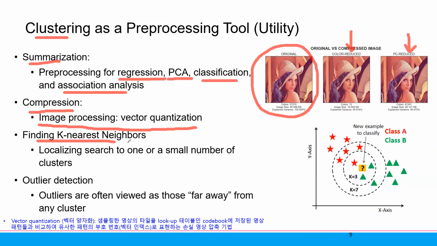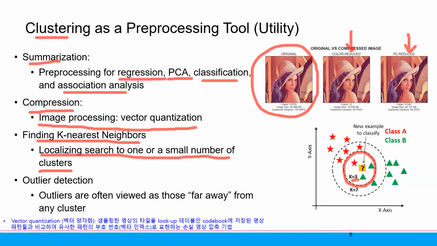We can use the KNN, finding the K nearest neighbors, localizing the search to one or a small number of clusters. When I explained the K nearest neighbors in the Python example, we had something like this. If K equals 3, then we check the surrounding objects, and we classify the object as the most dominant one.